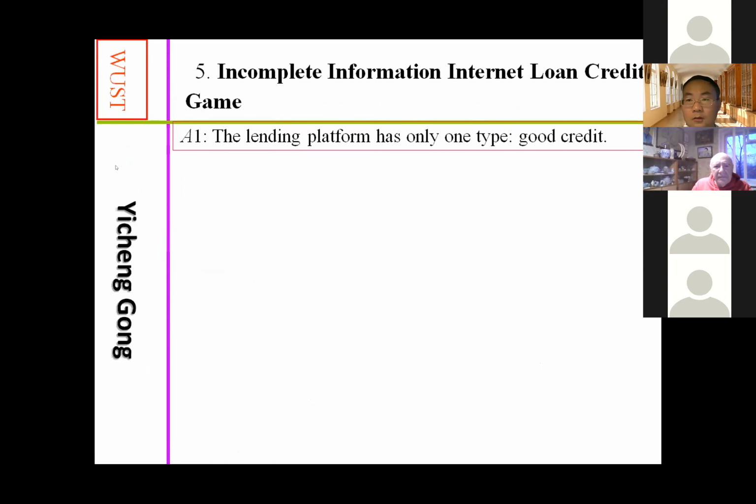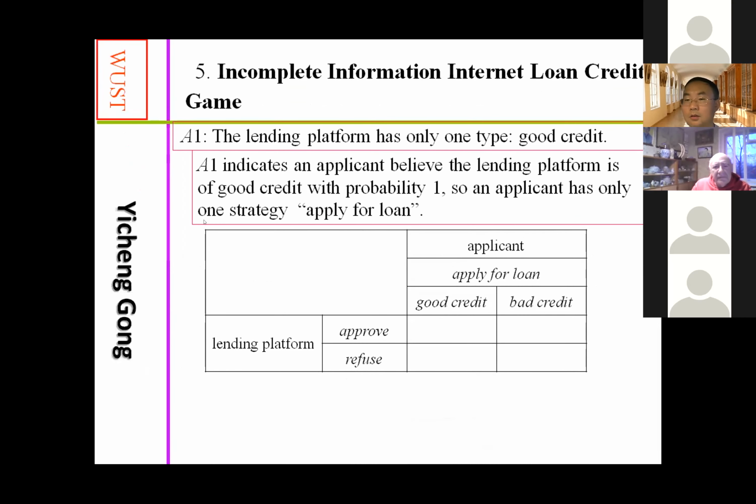Okay, next is about the incomplete information internet loan credit game. Assumption one: the lending platform has only one type, good credit. So this means an applicant believes the lending platform is of good credit with probability 1. So an applicant has only one strategy, apply for a loan.